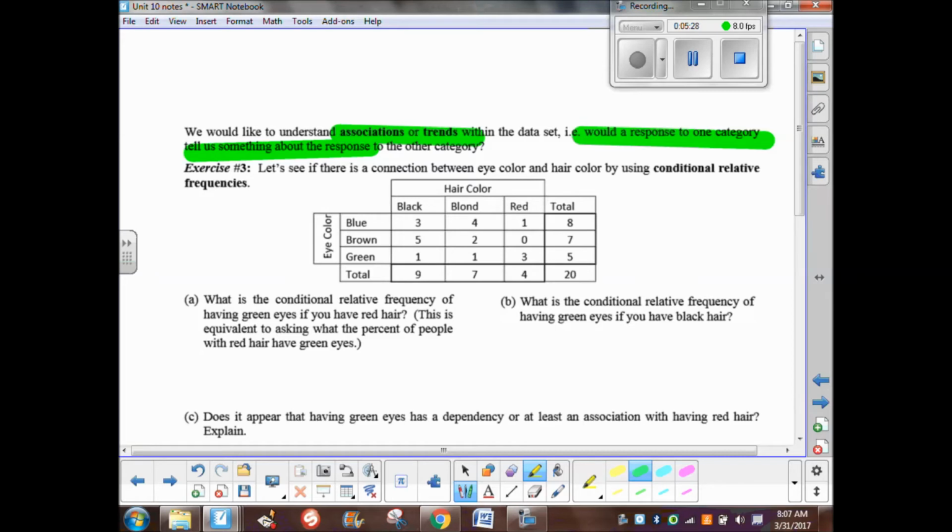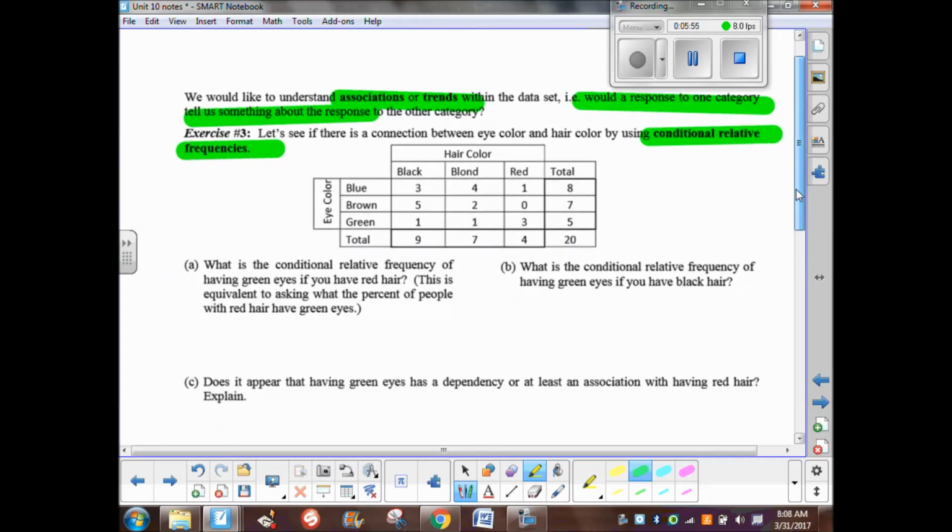So we're going to use that same table, and let's see if there is a connection between eye color and hair color by using conditional relative frequency. So now that's a little bit different. Conditional relative frequency. It's not just the relative frequency. Okay? It is, we're basing it on a condition. So I've got that same table there.